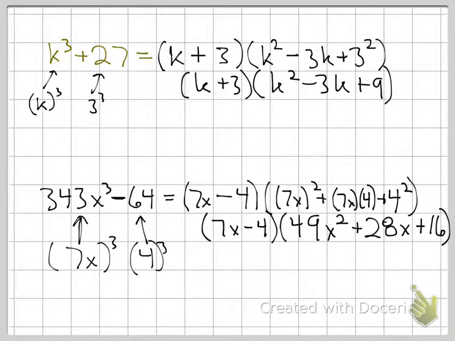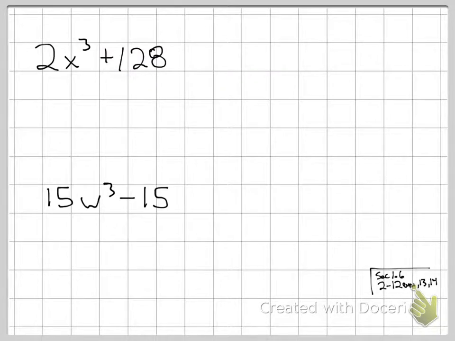This squared is 49x squared, 28x, 16. 28x cubed plus 128. Hopefully we look at it and see the x cubed there. It's probably a hint it's going to be 1. It is. But 2 and 128 are not perfect cubes.